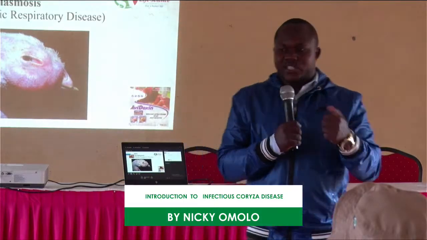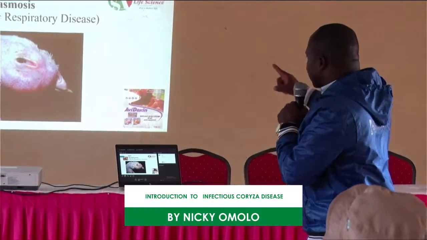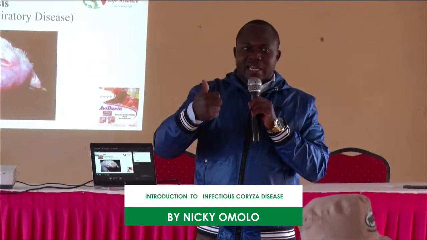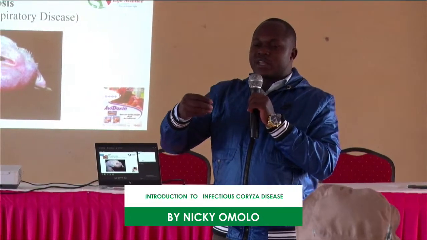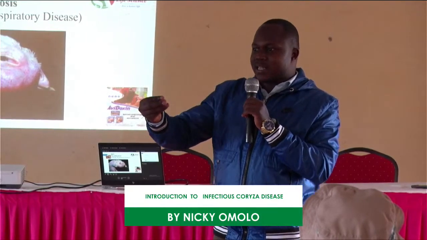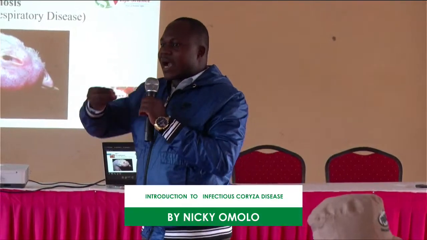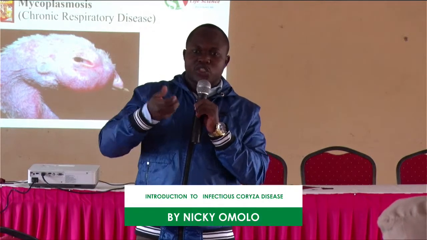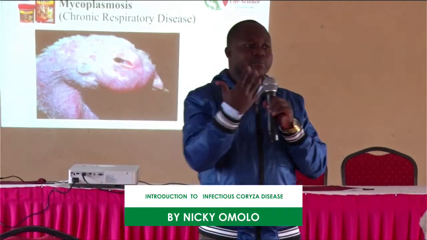As you touch, when you press against the swollen area for infectious coryza, there is likely going to be a cheese-like exudate that comes out of the swollen area. Cheese-like exudate, brownish in color. Okay? Brownish to whitish in color or creamish in color.